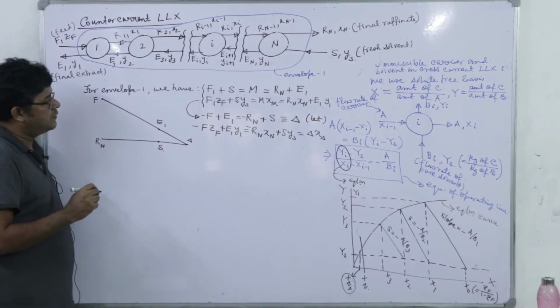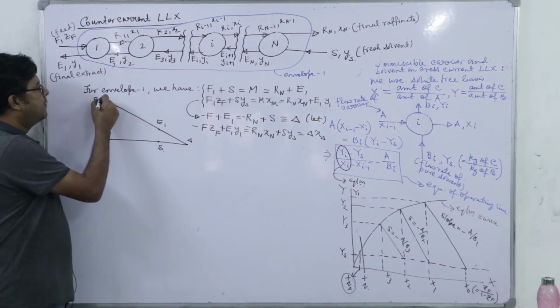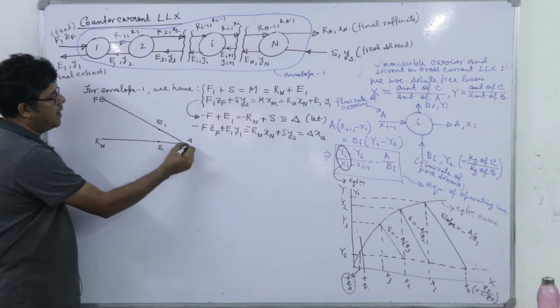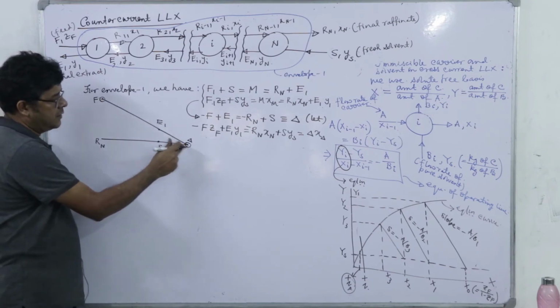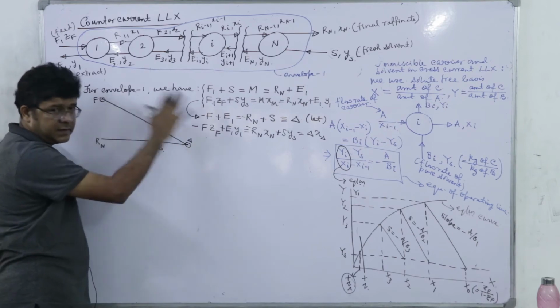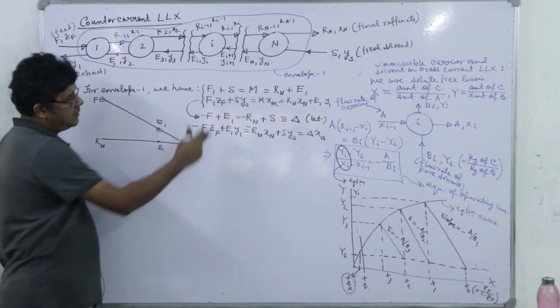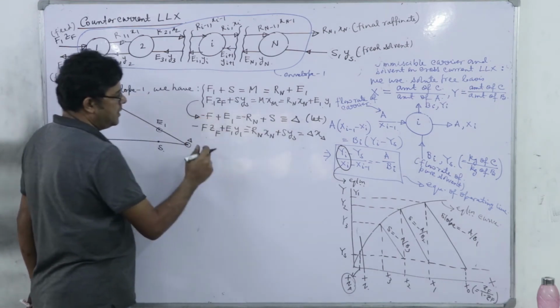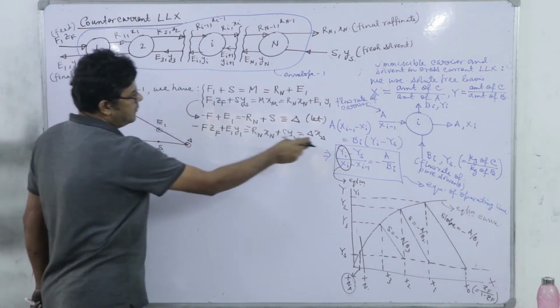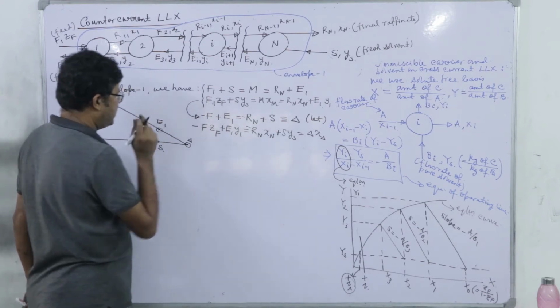Because according to stoichiometry, see, if I am mixing F1 and delta, solution marked by the point delta in this phase space, I should get E1. So, what am I getting here? E1 is equal to F1 plus delta, and F ZF plus delta X delta is equal to E1 Y1.